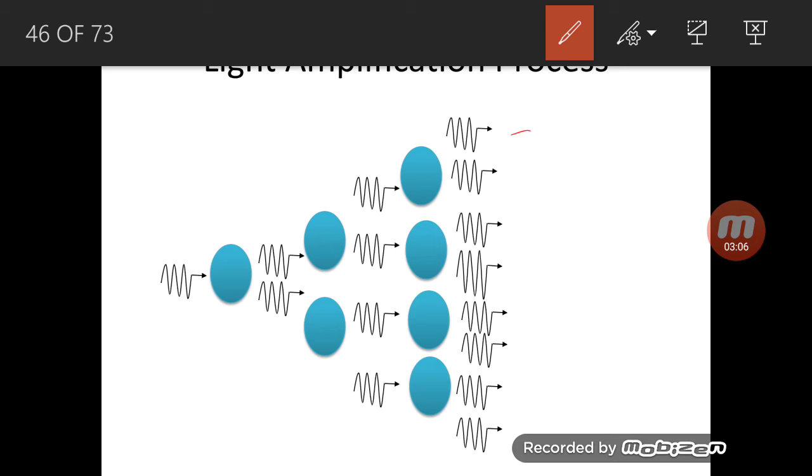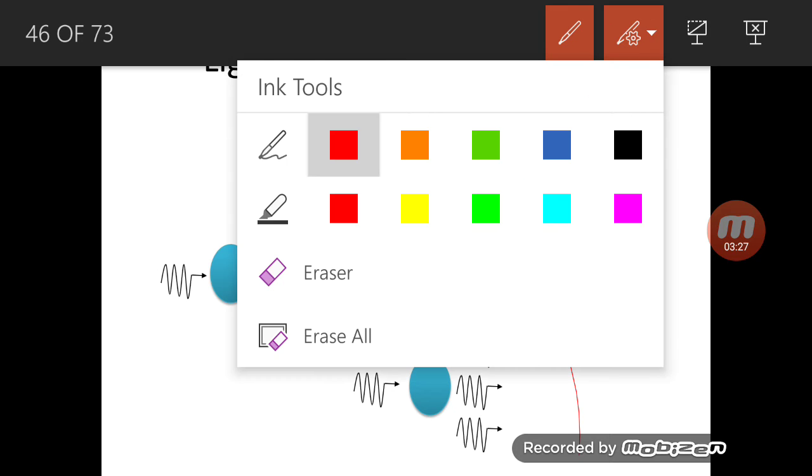But the thing is, this photon number is not sufficient. Therefore, the photons should travel over longer distances. They should travel very long, and meanwhile they should keep on stimulating the atoms to produce more and more photons. So this becomes a disadvantage for that process.